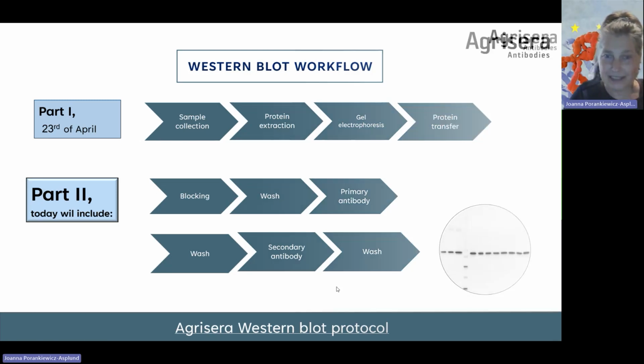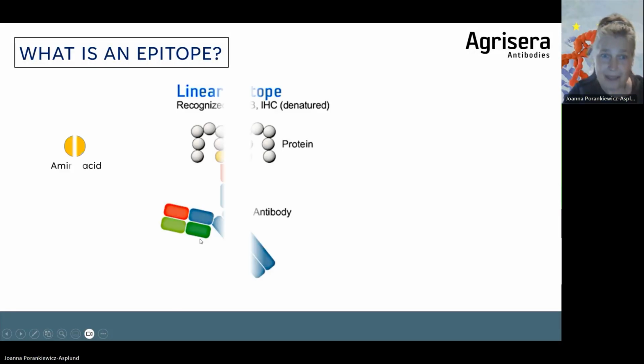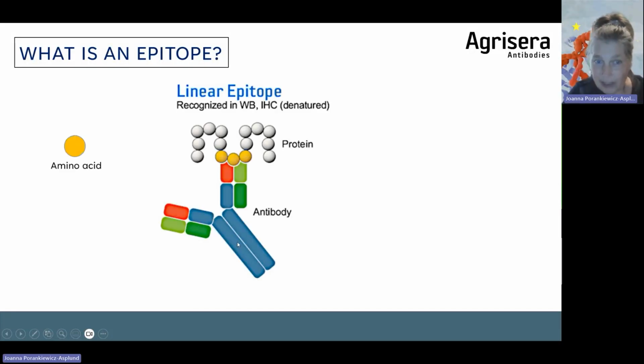And just to remind you how the visualization of a protein in a complex protein mix is done in a Western blot. It is done by an antibody, which looks like this, a Y-shaped molecule, and antibodies bind to so-called epitopes. And here in the Western blot, we have a linear epitope, which is mainly detected.